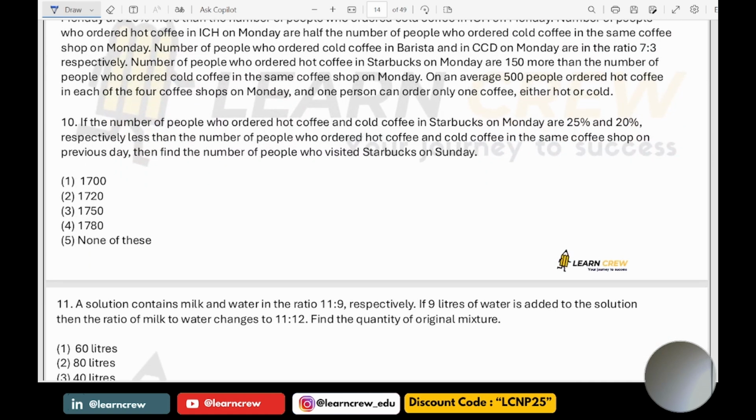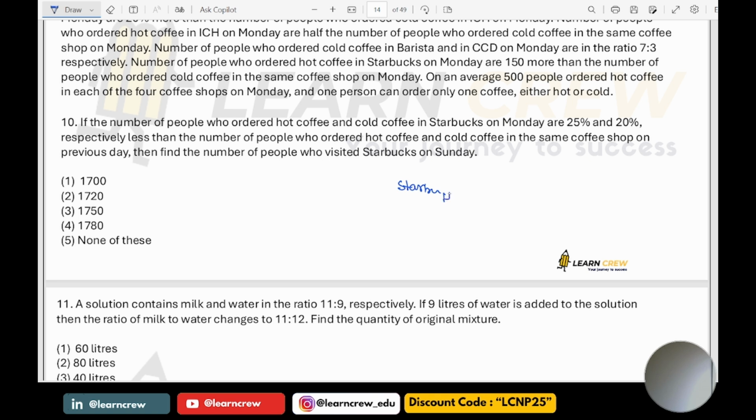The number of people who ordered hot coffee and cold coffee in Starbucks on Monday are 25% and 20% respectively less than number of people who ordered hot coffee and cold coffee in the same coffee shop on the previous day, Sunday. Then find number of people who visited Starbucks on Sunday. So if 75 percentage is 750, then 100 percentage would be 1000.